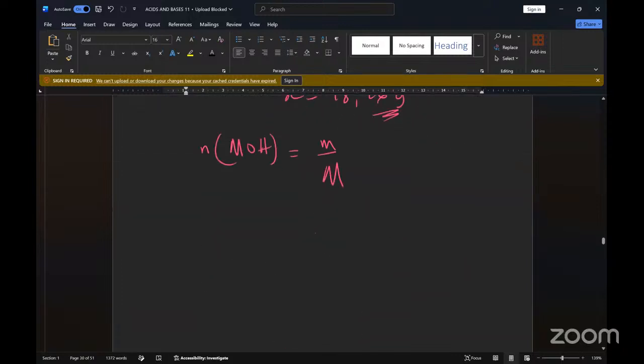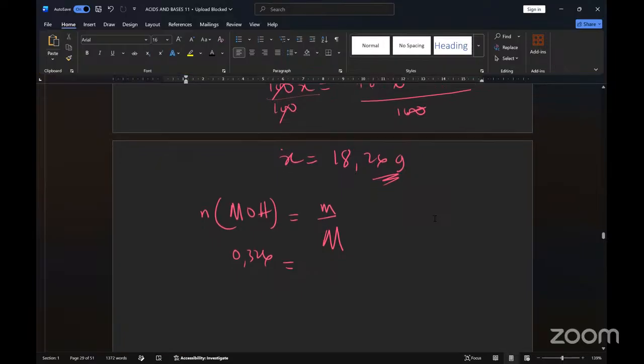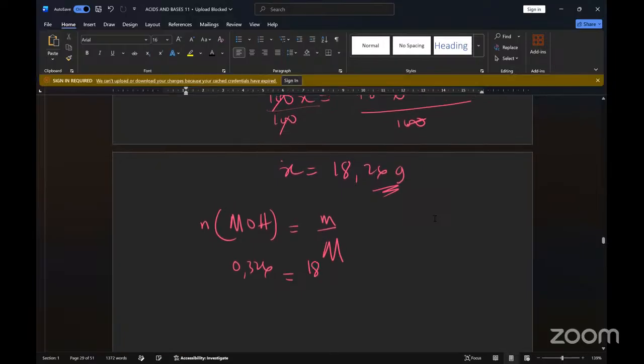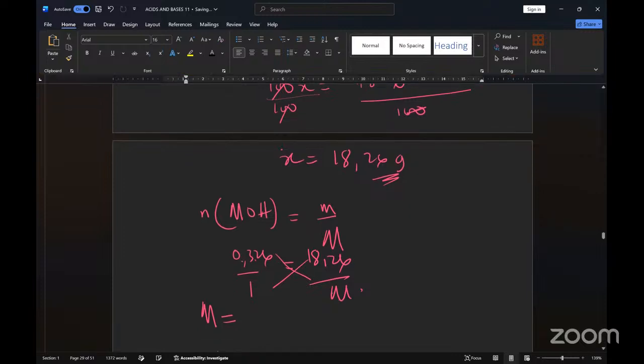So you say 0.326 should be equal to the mass. The mass here is 18.26 divided by the molar mass. If we want the molar mass, we take this one and bring it up here, like the cross multiplication we have been doing. So the molar mass is equal to 18.26 divided by 0.326.